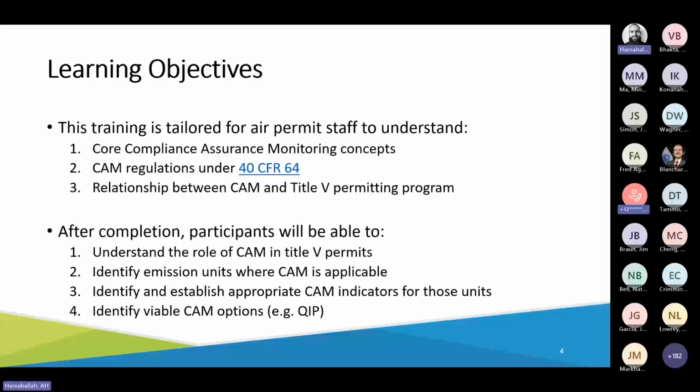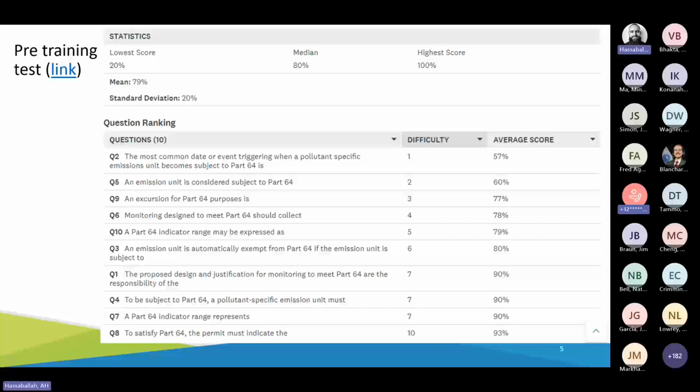Speaking of which, about a month ago, we shared the voluntary self-assessment pre-training knowledge-based test. The idea was to gather insights that can guide the discussion and point us towards particular points that may be worth a little bit more attention. Generally speaking, there was somewhat of a wide standard deviation. However, the median and mean seem to be relatively close, around 79 and 80%, which is a good sign.